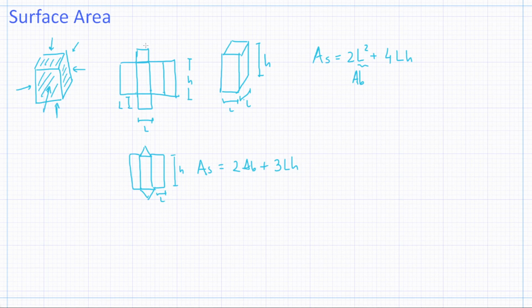So basically, if we have a prism, we're going to open it up, and the number of rectangles that we have is the number of sides in our base. For example, if our base is a hexagon, we will have 6 rectangles when we open our net, and another hexagon here.